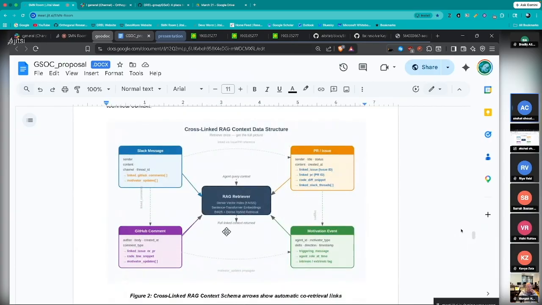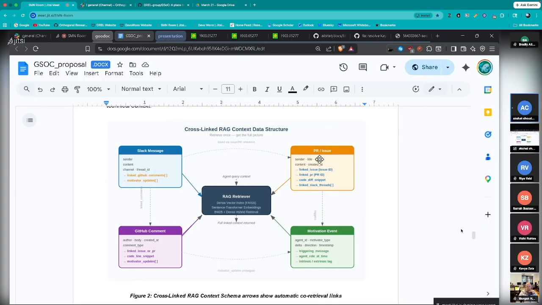Now about the RAG part, I'm thinking that the current messages and the long-term messages which are relevant will be emulated here. There will be a Slack message memory. This will have all of the informal messages, all of the channels, all the threads that were recently talked in. The GitHub comments, if the agent wants to go into the GitHub part, make a new issue, start a new PR.